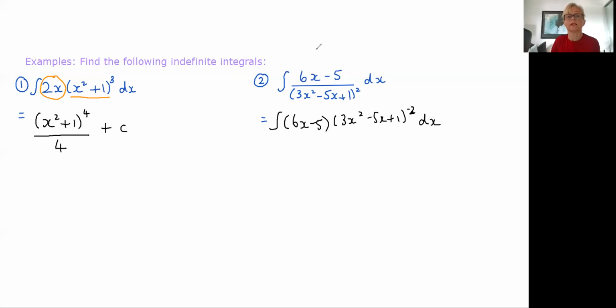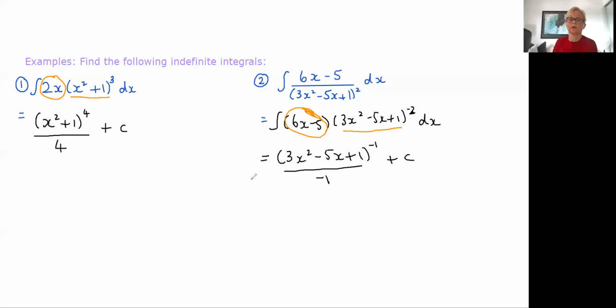Again, just recognizing here, this function that's being raised to the negative 2, the derivative of this function is sitting out the front as a product, as a multiplier. So we can perfectly correctly use this, increase the index by 1, divide by the new index, and add our plus c.